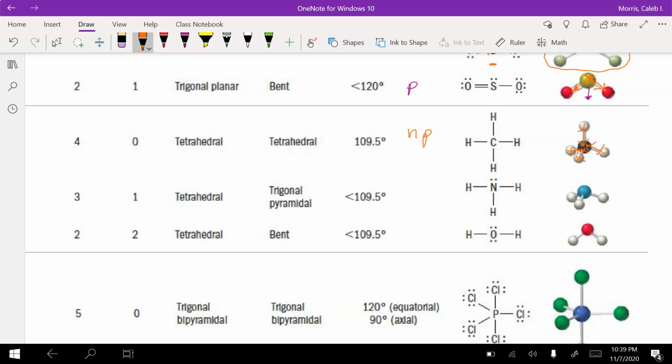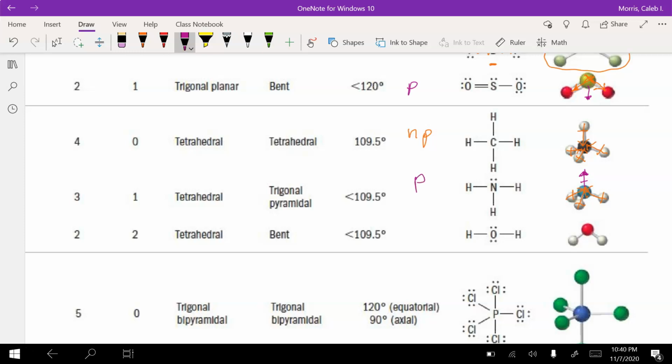Hydrogen is less electronegative than nitrogen, so our bonds are going to point this way, and this way. And if you were to add those bonds all together, they're going to point upward. So we've got an overall dipole that points upward. That makes this a polar molecule.